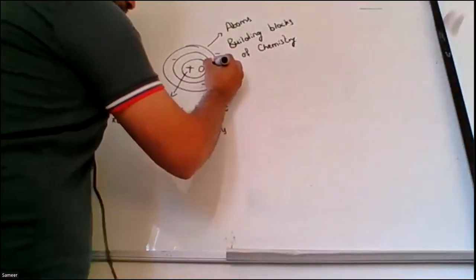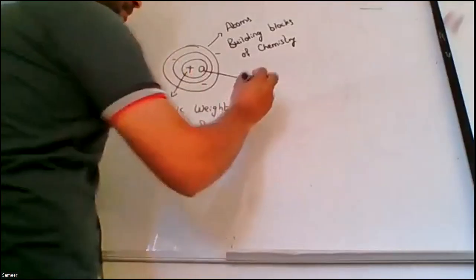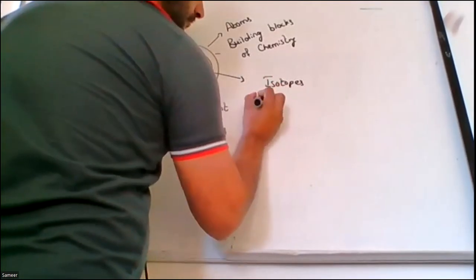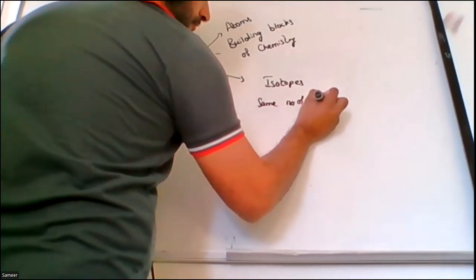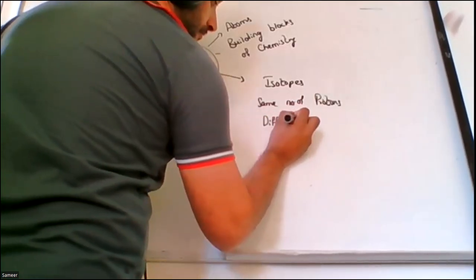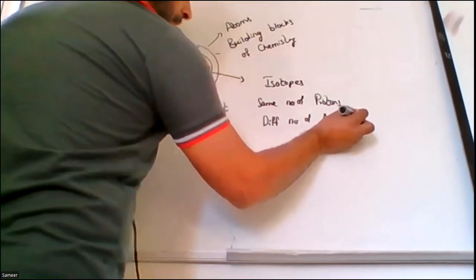Then we have isotopes, in which we have the same number of protons but a different number of neutrons. So these are the isotopes.